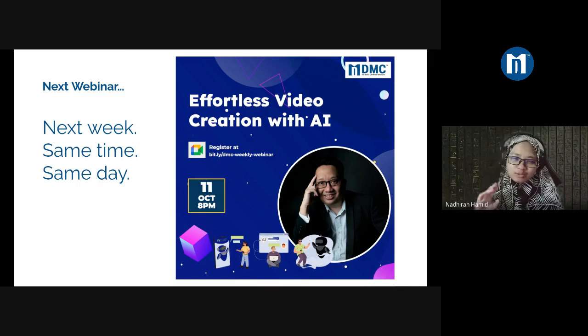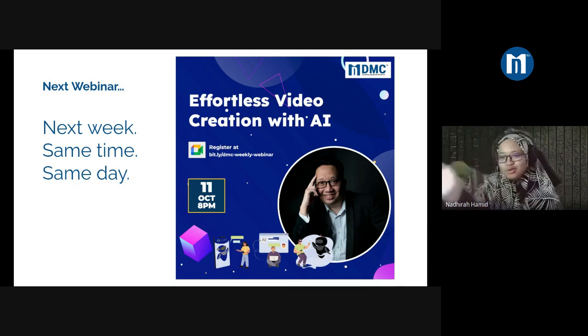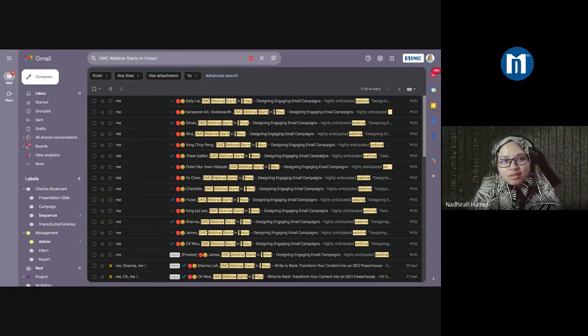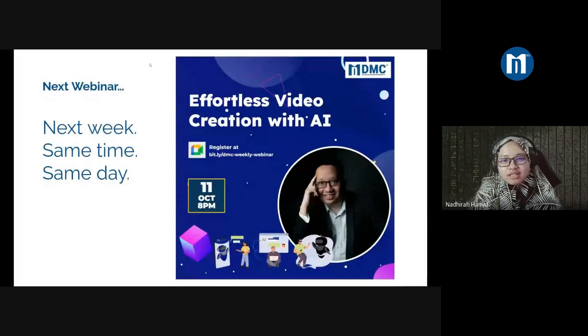So Charles is going to cover this tool. You just key in the prompt, and the tool will immediately select stock photos for you, stock video for you, add the script for you, add the voice over for you. So Charles is going to demo that tool next week, same time as today, Wednesday, 8 p.m. Next week with Charles on effortless video creation with AI.